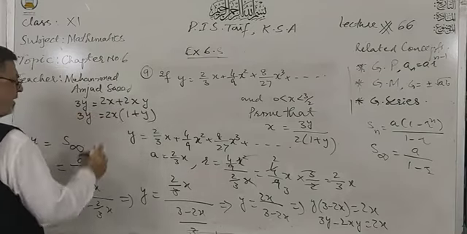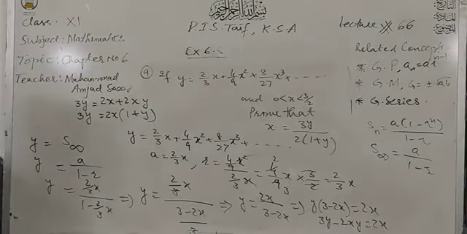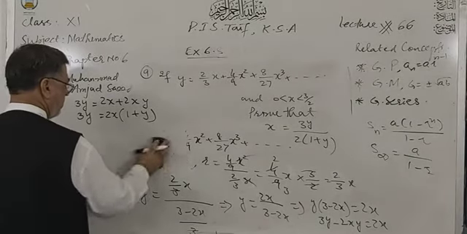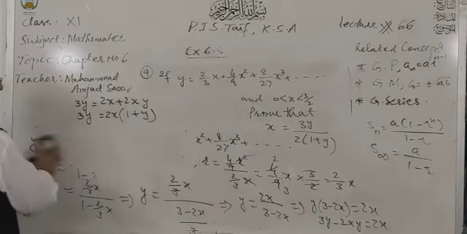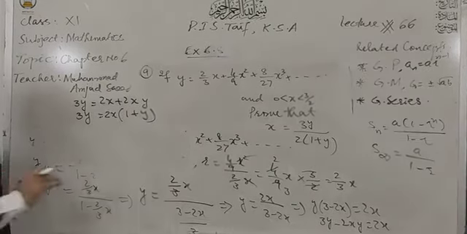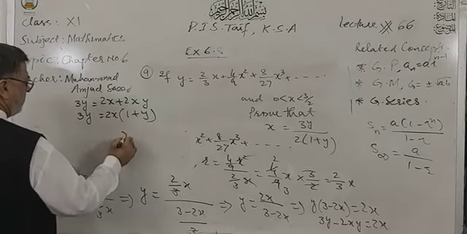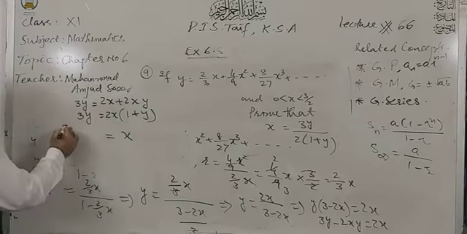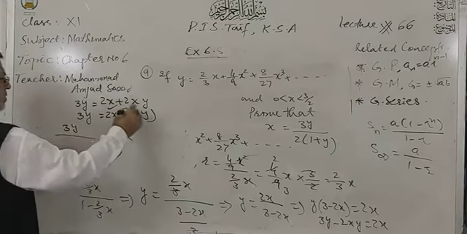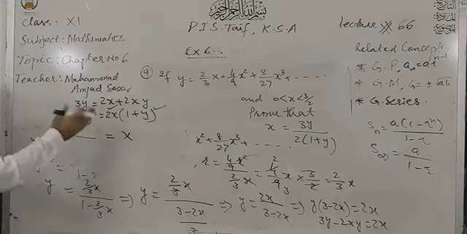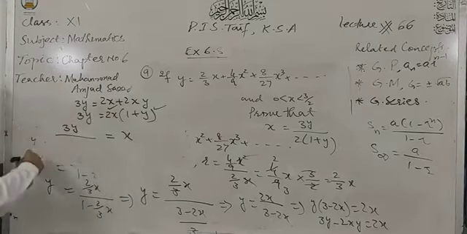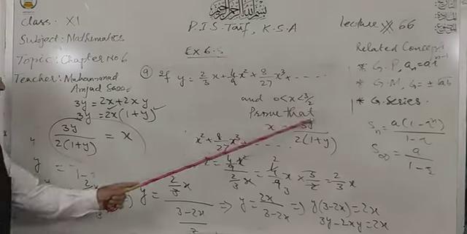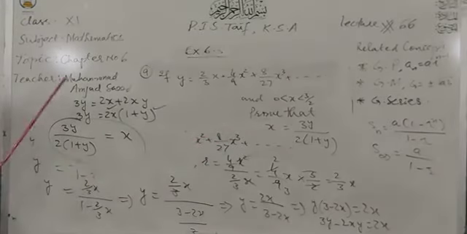Now bring this 2 into 1 plus y to the left hand side, it will be in the denominator. So dear students, you can check x is equal to 3y over 2 into 1 plus y. That's your answer.